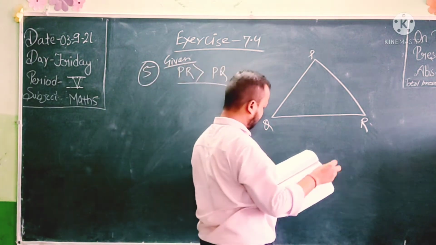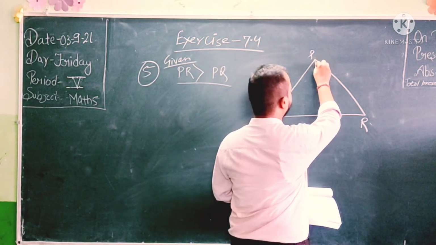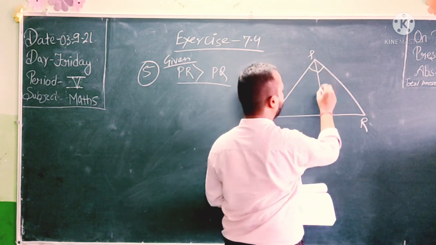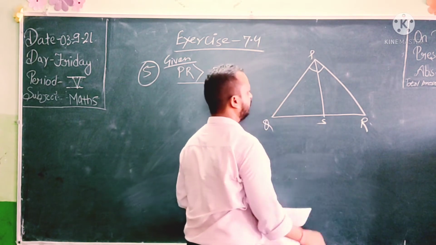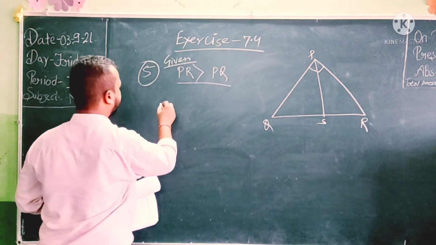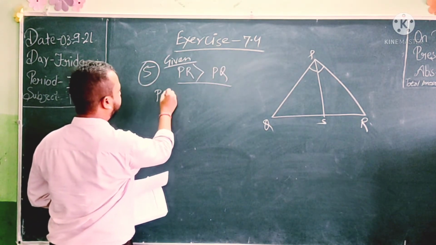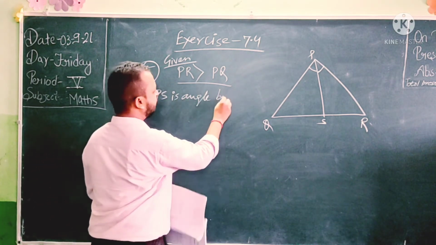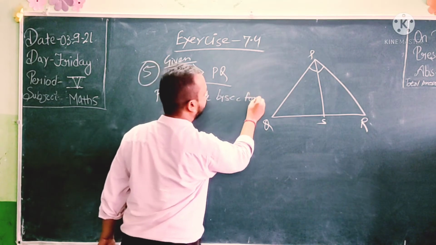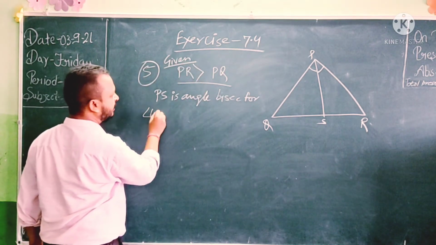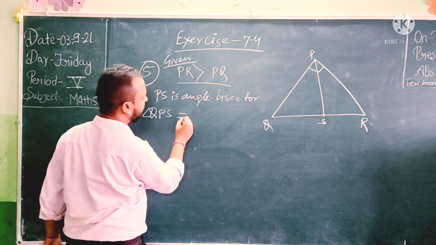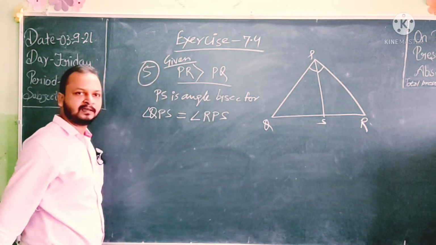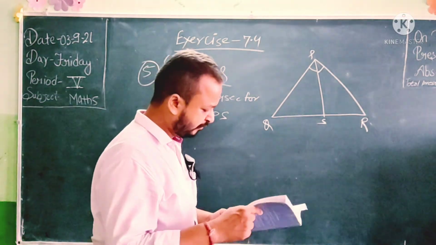And PS is angle bisector, it means this angle is equal to this angle. So PS is angle bisector. It means angle QPS is equal to angle RPS. Right? This is given.